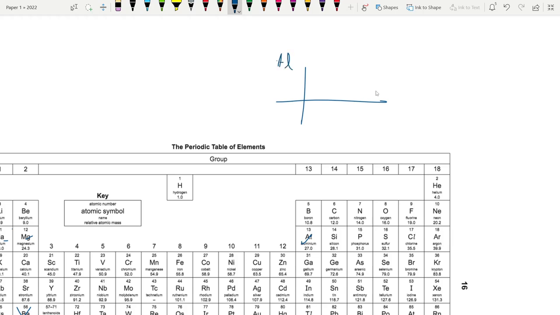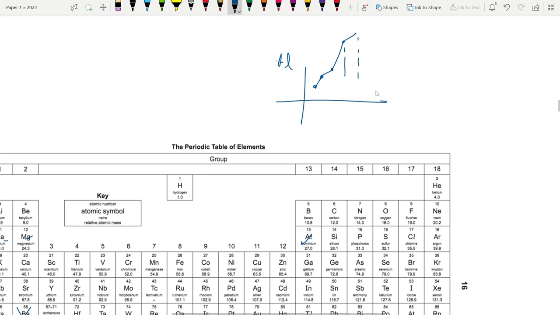Basically, it's gonna be like this: 1, 2, 3, followed by a huge jump. This is the fourth one, fourth, fifth.